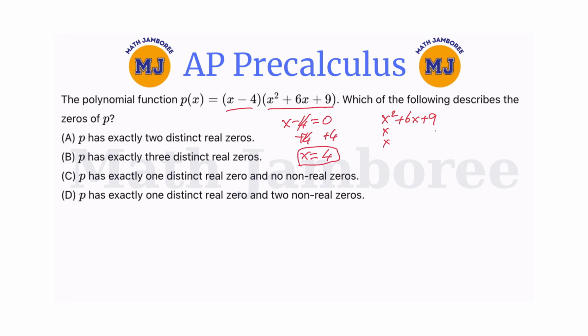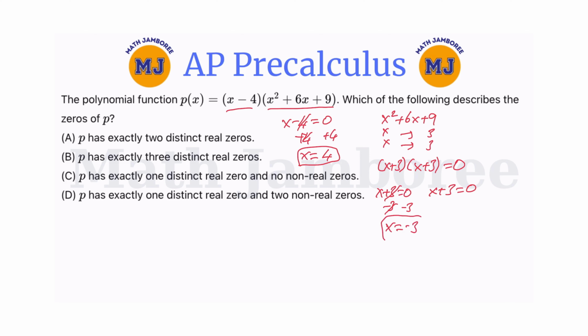For x squared plus 6x plus 9, we need two numbers: 3 and 3. When you multiply 3 and 3, you get 9, and when you add them, you get positive 6. Therefore, this can be written as x plus 3 times x plus 3 equals 0. If we make each of these factors equal to 0 and take away 3 from both sides, x becomes negative 3.